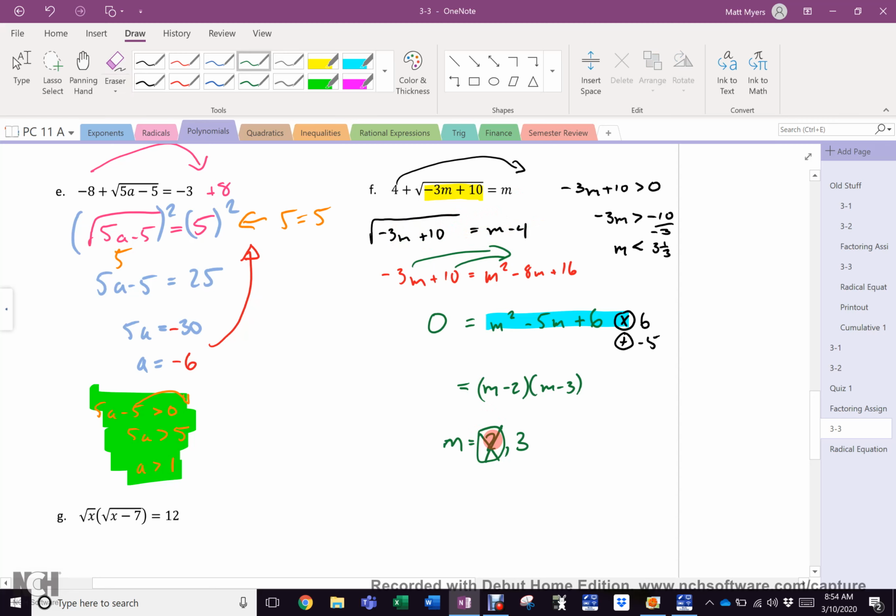Let's check 3. What's -3 times 3? -9. What is -9 plus 10? 1. What is the square root of 1? Sorry, 1. What is 3 minus 4? -1.